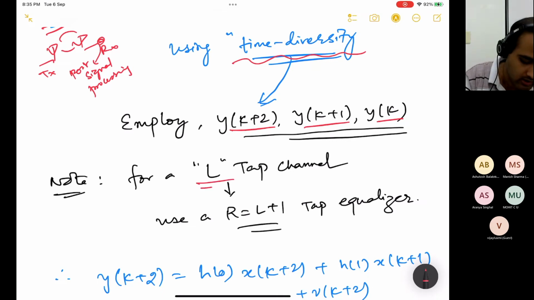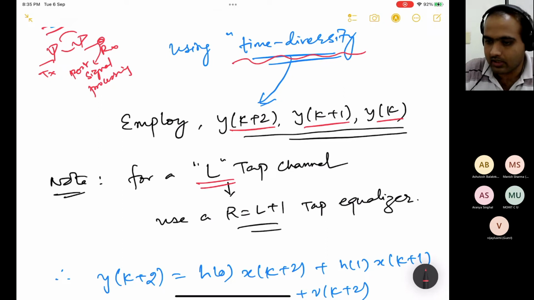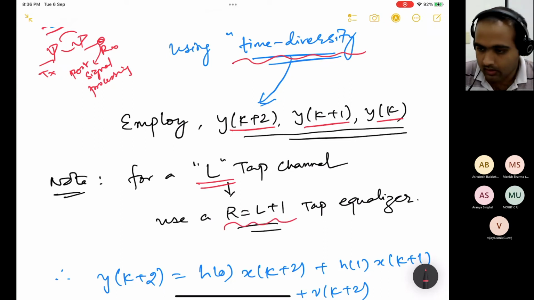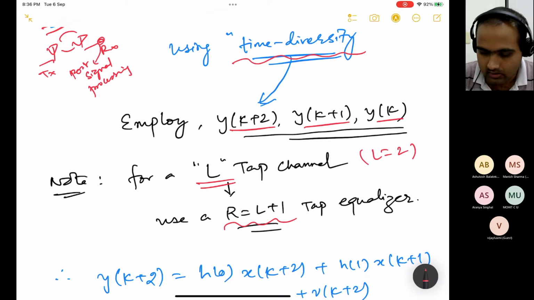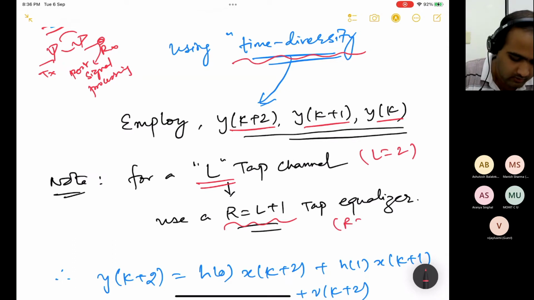Just remember that for an L tap channel, if my channel has L taps, we will have an L+1 tap equalizer. For instance, here my L is 2, that is we have a 2 multipath channel, so my R will be 2 plus 1, which is 3.